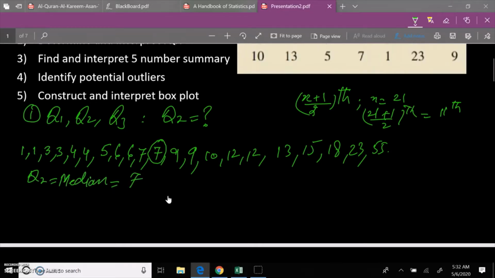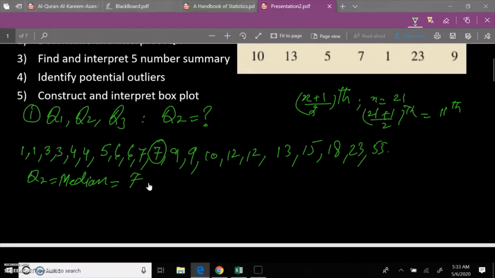Now you can see the 11th position from this side also: 1, 2, 3, 4, 5, 6, 7, 8, 9, 10 and 11, right? It doesn't matter whether you start from here or from here. This is the value that will be exactly in the middle, which is the second quartile.